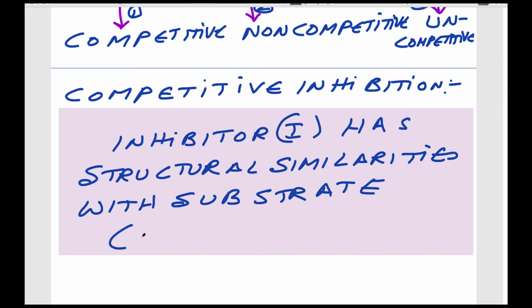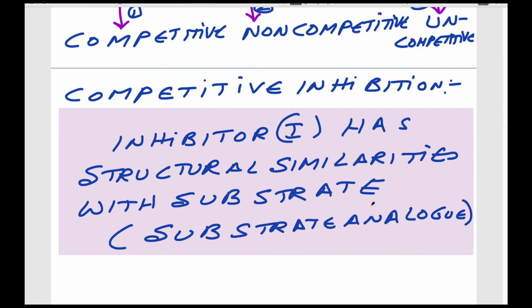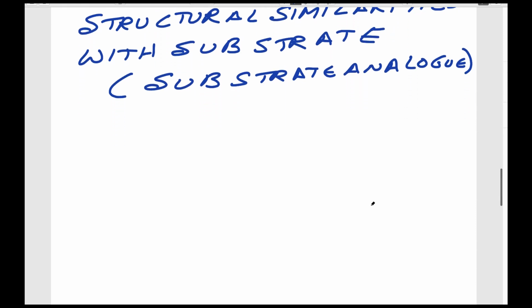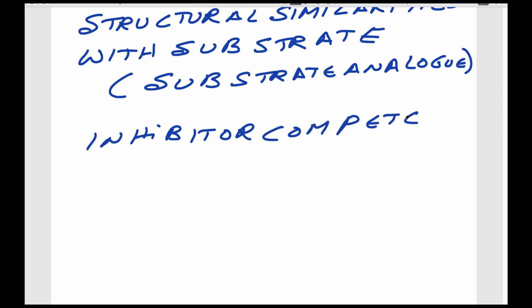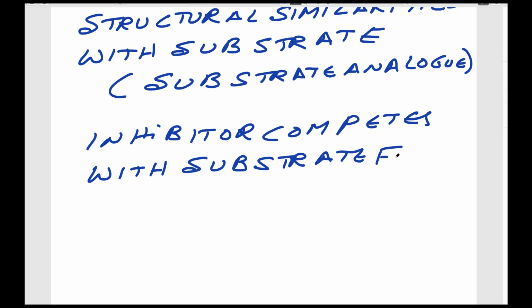In another way, we can say the inhibitor is a substrate analog. Because of the structural similarities, the inhibitor competes with the substrate for the active site on the enzyme.